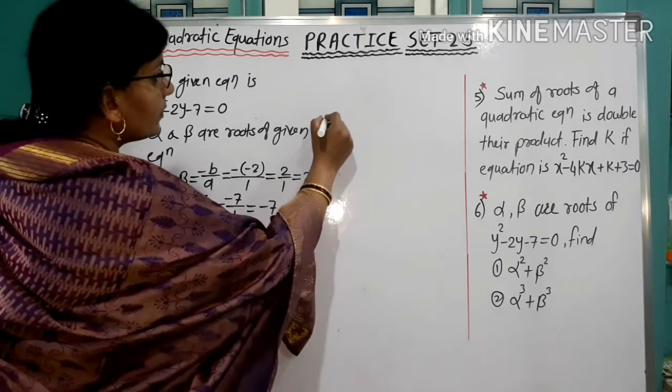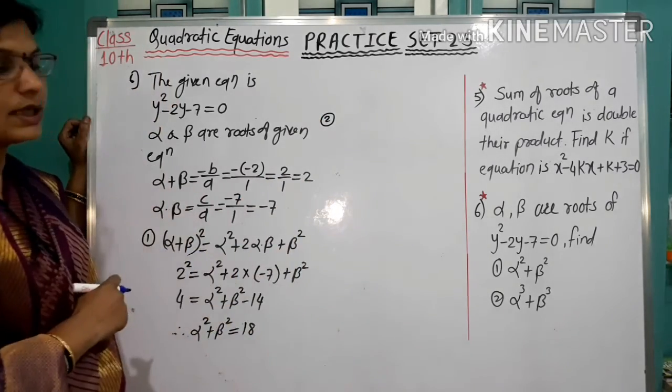Similarly, the second part, that is alpha cube plus beta cube.